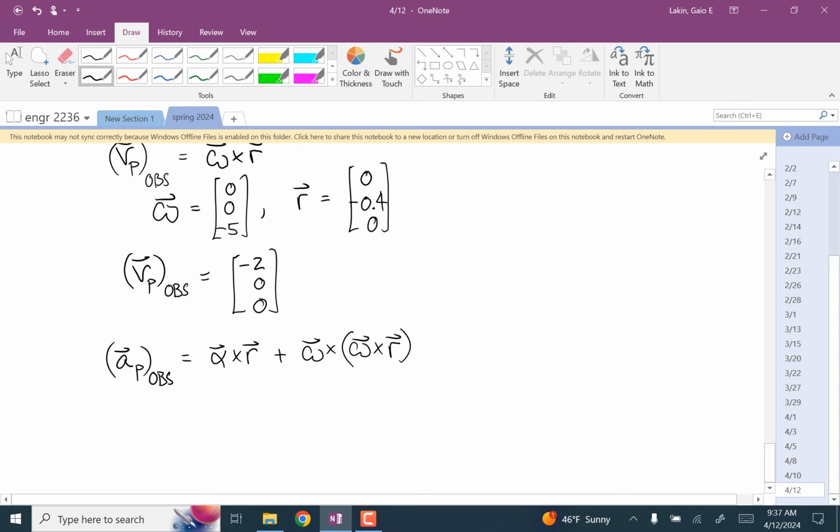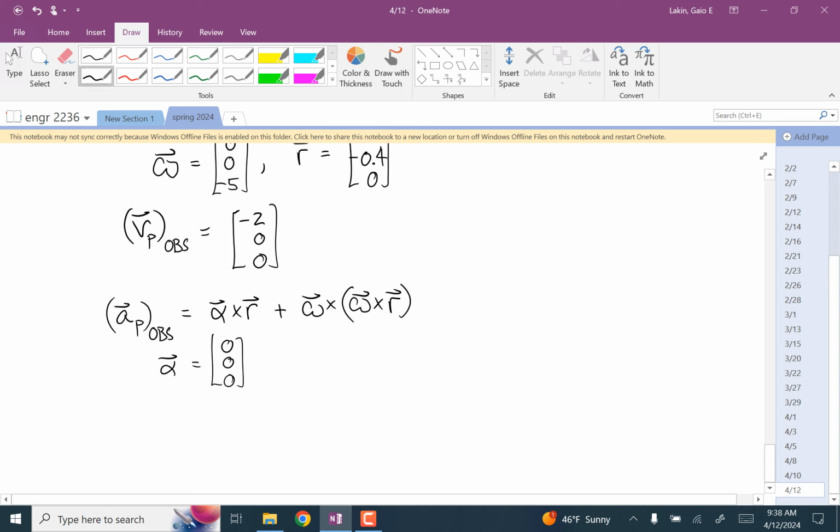What's alpha for this example? 0, because we're assuming that's a constant angular velocity. So this is equal to 0. And so plug those all in, and you get 0, 10, 0.